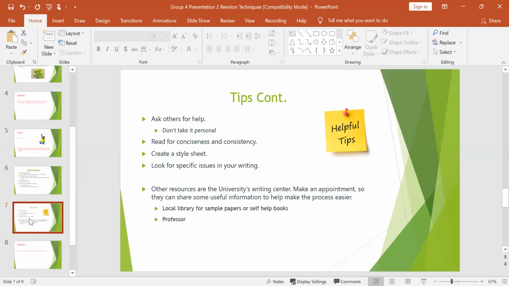Creating a style sheet. This is personal formatting for your own writing style. I didn't personally know what a style sheet was, but I YouTubed it, and there are some good examples out there. Then look for specific issues in your writing. I struggle with conclusion paragraphs. I always have a tough time with that, so I know that's my struggle.